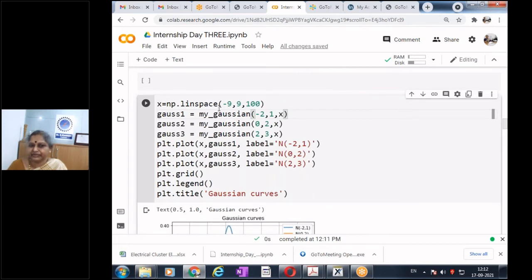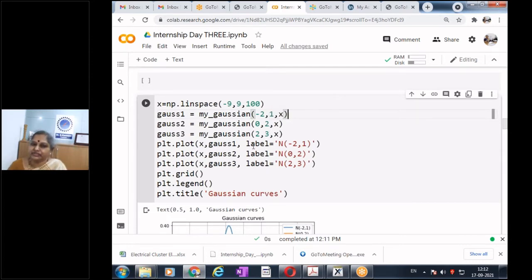I'm defining my x in the range of -9 to +9. I'm calling my first Gaussian function with -2 and 1, so mu is -2 and sigma is 1. Next time, I'm calling the same function with mean and sigma as 0 and 2.